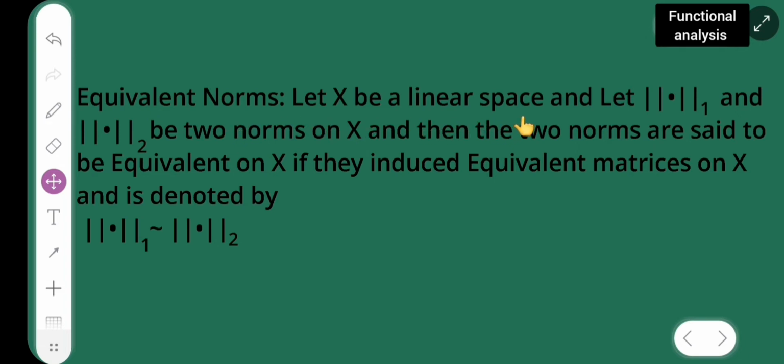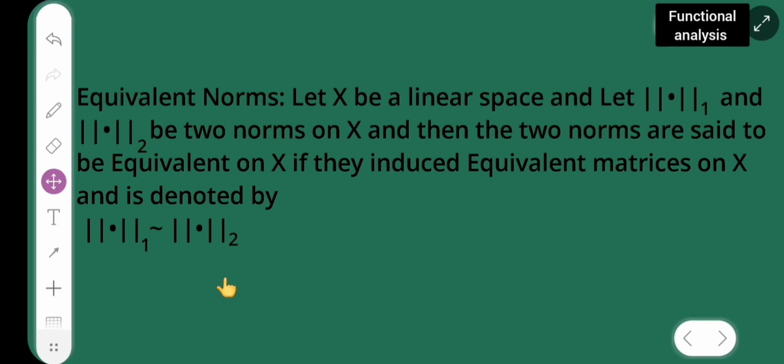Let it be a linear space, and let norm 1 and norm 2 be two norms on X. Then these two norms are said to be equivalent, when? If the induced equivalent metrics on X are equivalent, and it is denoted by norm 1 is equivalent to norm 2.